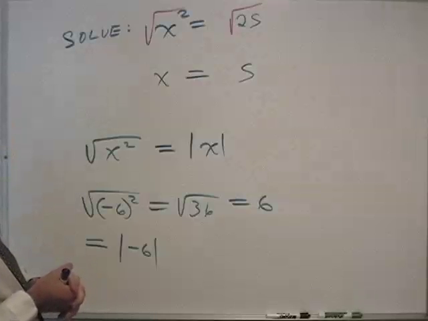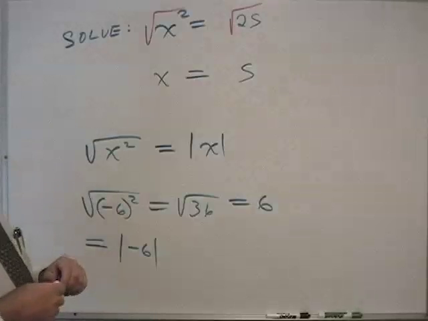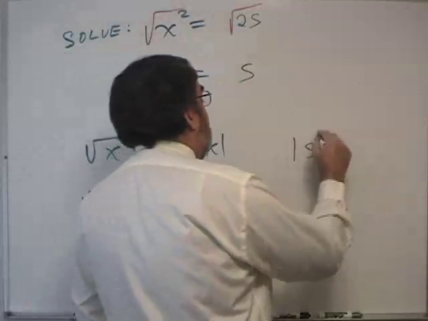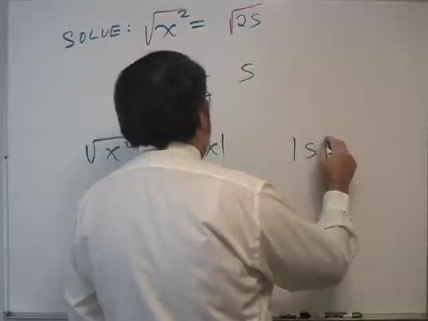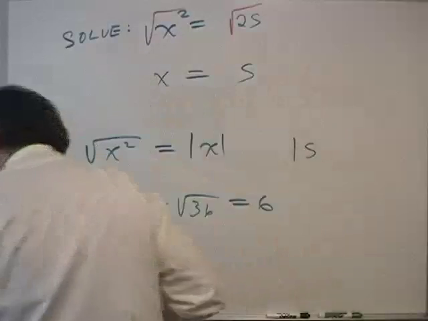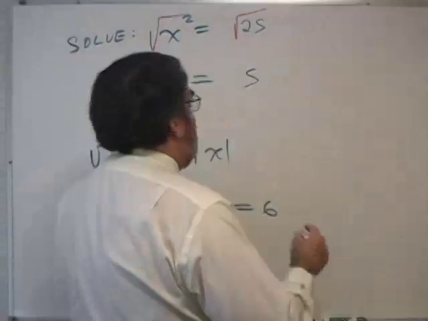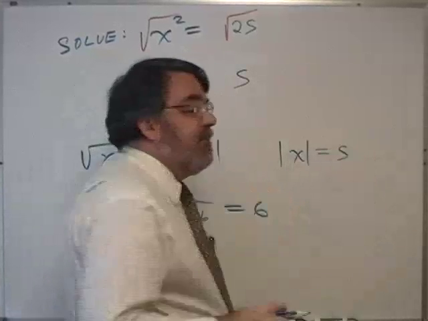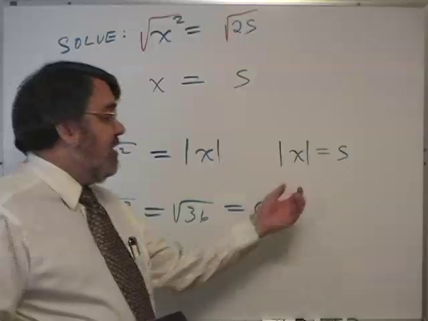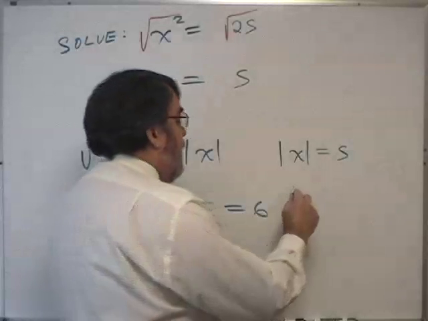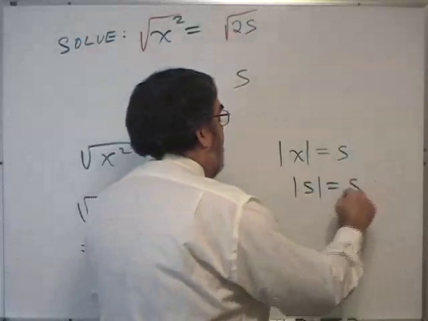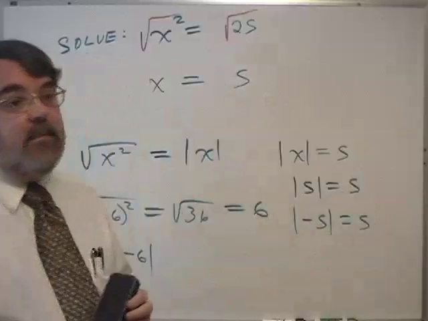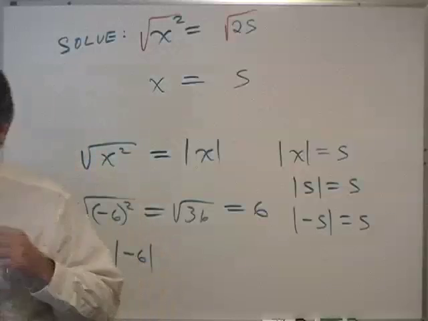But if you looked at the absolute value of x equals 5, then you'll see that there are two answers to this. The absolute value of 5 is 5, and the absolute value of negative 5 is also equal to 5. So it gives two answers.